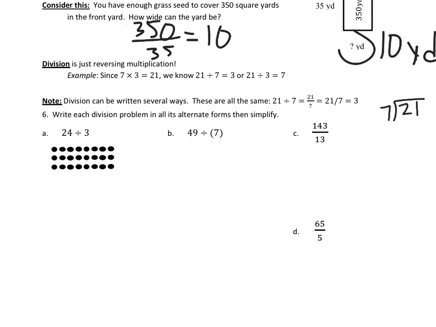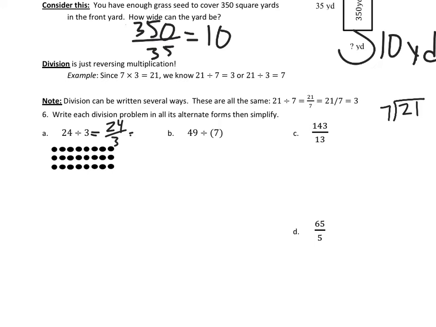Okay, standard algorithm. So we always want to keep in mind what a problem means. So 21 divided by 3, we want to write these in their alternate forms and then simplify. So 24 divided by 3. Well, that's the same as 24 over 3, right?